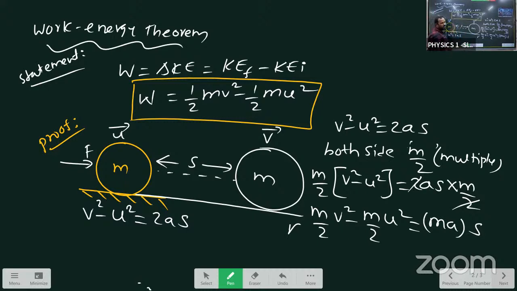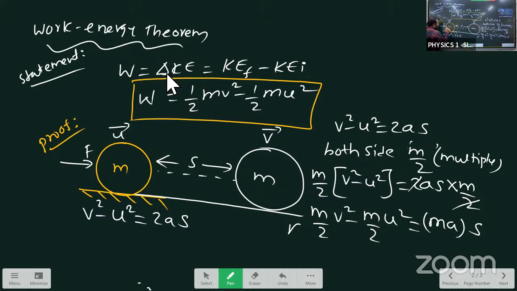Delta indicates final value minus initial value. So delta KE means final kinetic energy minus initial kinetic energy. Final kinetic energy is half m v square, initial kinetic energy is half m u square. v stands for final velocity, u stands for initial velocity.